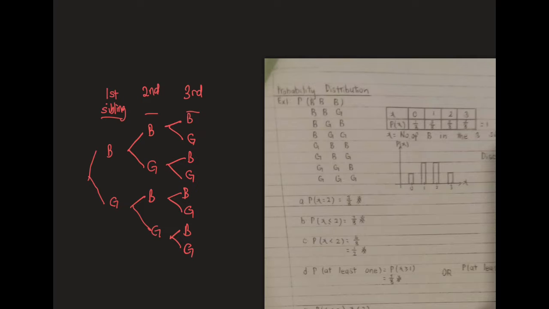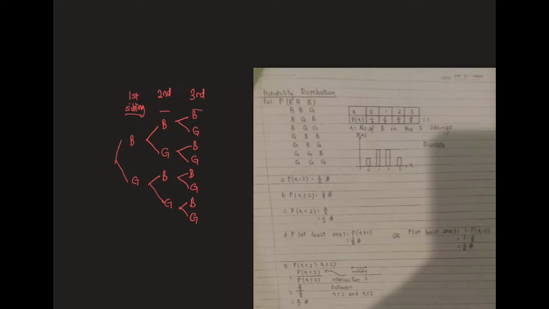That's why we have our result as in here. You can see BBB. The first is boy, second boy, the third is also boy. So we end up with, let's say I call it outcome here: boy, boy, and boy.